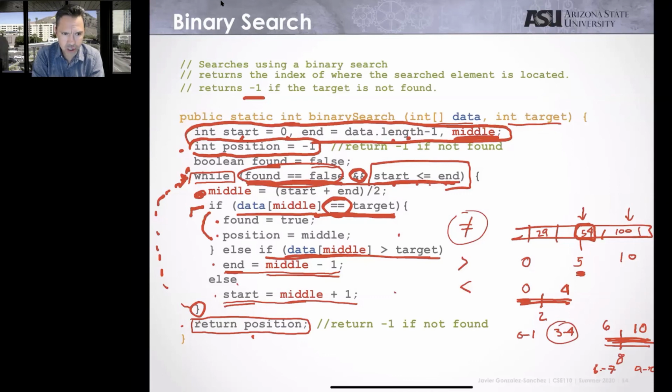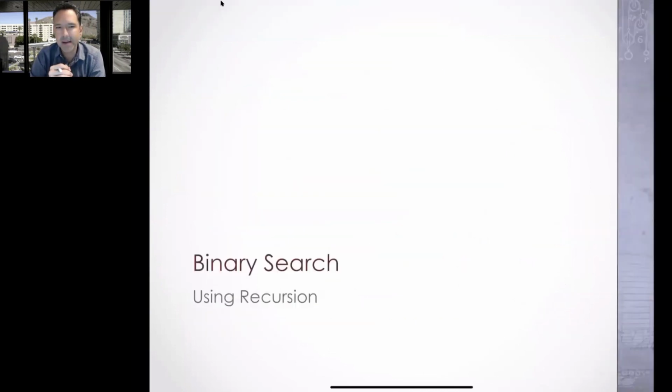Again, it's not hard, but maybe we need some time to understand what is happening. What about the recursive solution? Recursive solution, same problem, different approach. Binary search with recursion.